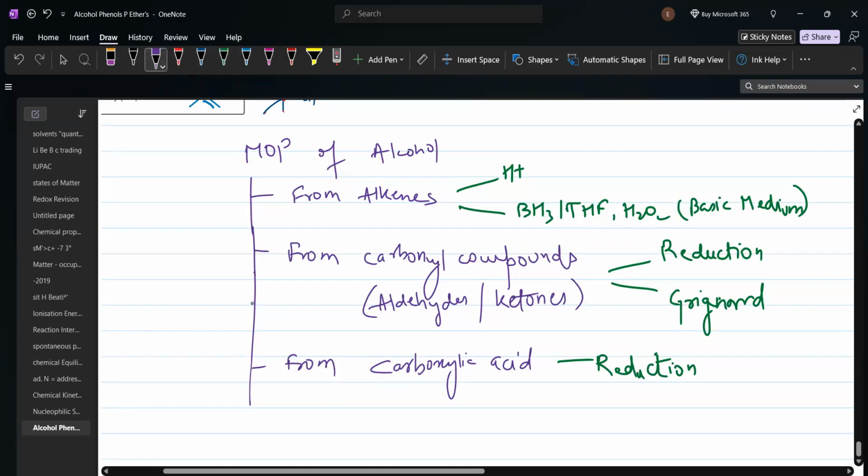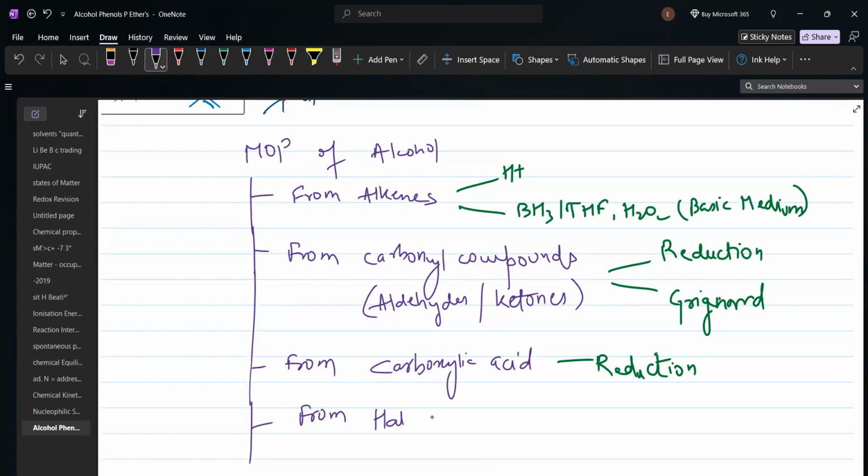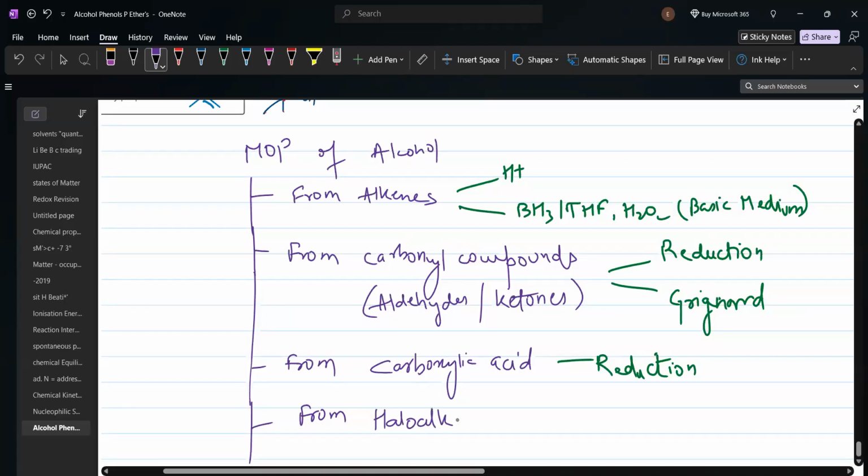Then we have from haloalkanes. Obviously, from haloalkanes it is possible. Why? Because a haloalkane is represented by RX. So X, the halogen, will be replaced by OH through a substitution reaction. So here it is simply a substitution reaction, from which alcohol will form.